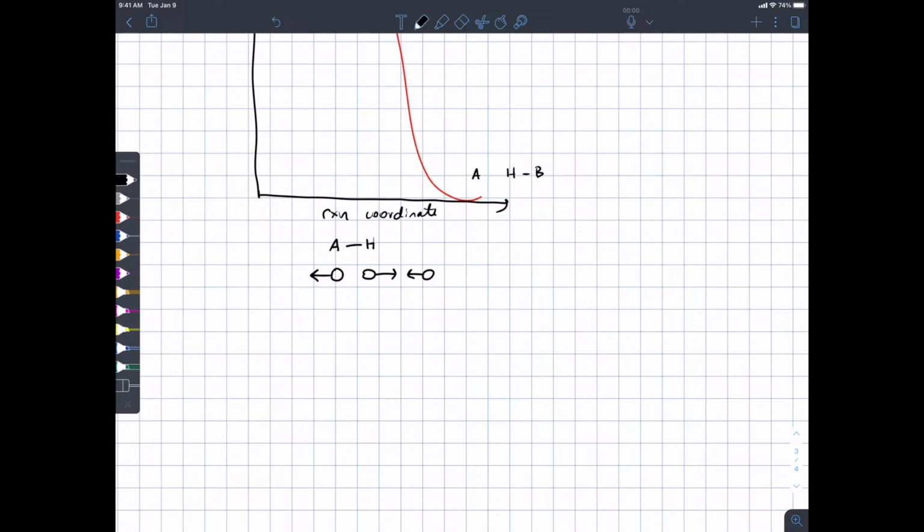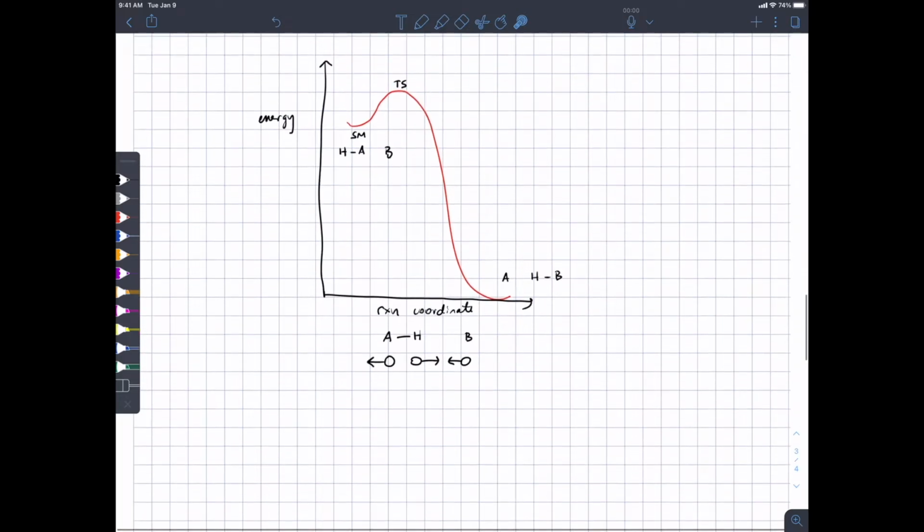This is sometimes how people represent the centers of vibration, and this is hard to envision unless you actually make a model and see it, which we could do. But the reaction coordinate involves A going this way, H going this way, and B going this way, and that is a vibrational mode. Going through the reaction just involves getting to the point where that vibrational mode gets you over the transition state and to the product.